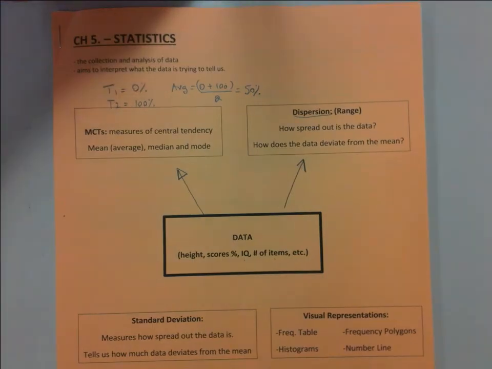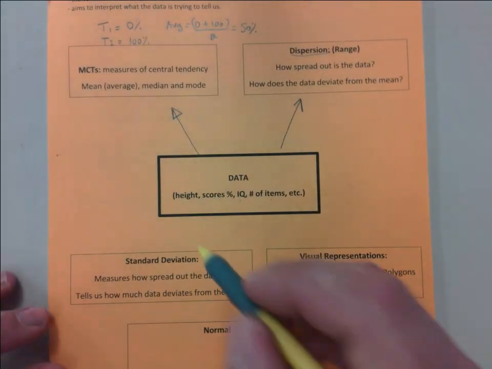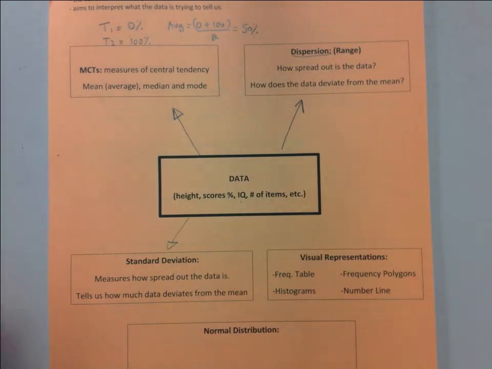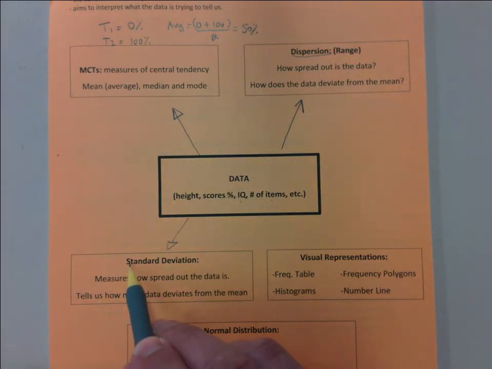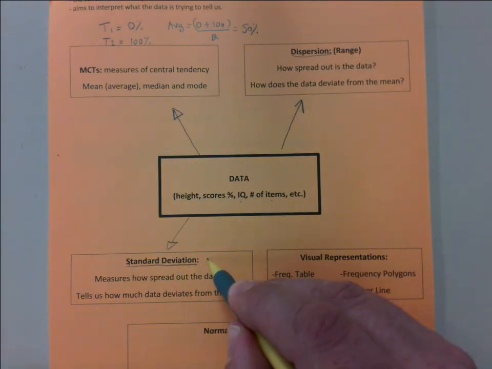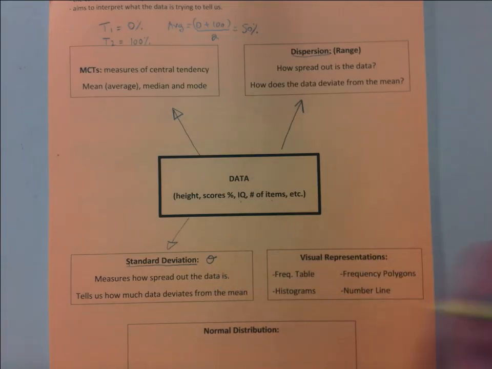So that's what we're going to talk about as well. And that's where standard deviation comes in. This is new to you. Maybe if you took some bio, you'll see stats in bio, maybe grade 11, maybe grade 12. But you talk about standard deviation, okay? The symbol for standard deviation is this, okay?